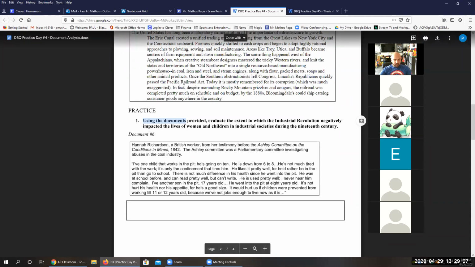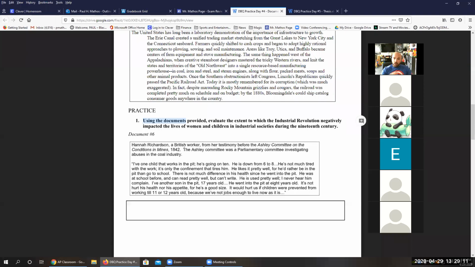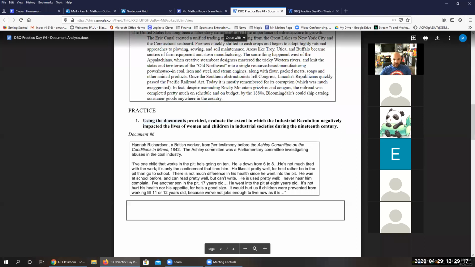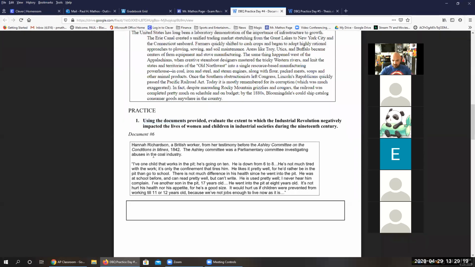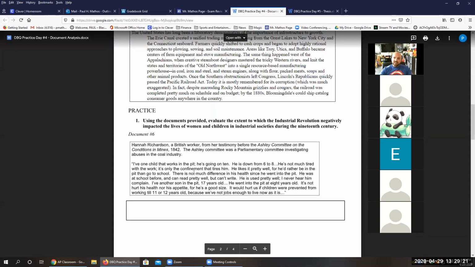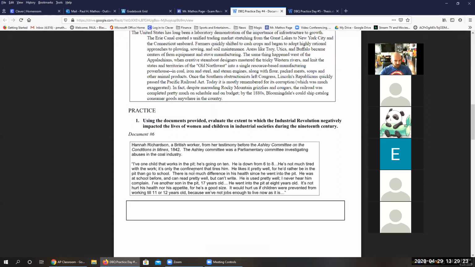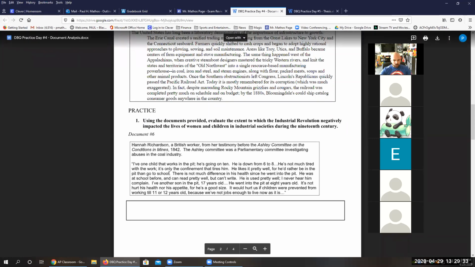Here is a document from this particular DBQ. What I want you to do is to basically write out the document analysis. You're practicing the document analysis. You don't need to make an argument. Analyze this document using historical context, intended audience, point of view, purpose, but try to do it.